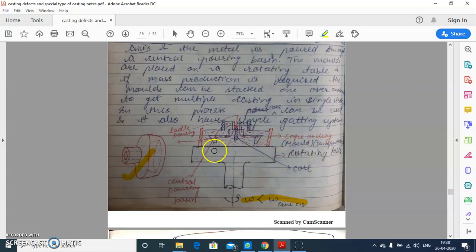As we rotate the rotating table, we pour the molten metal with the help of the ladle. The poured molten metal is pasted on the periphery of this structure. This mold is surrounded by sand, so we get the product. We have to remove the sand after solidification.